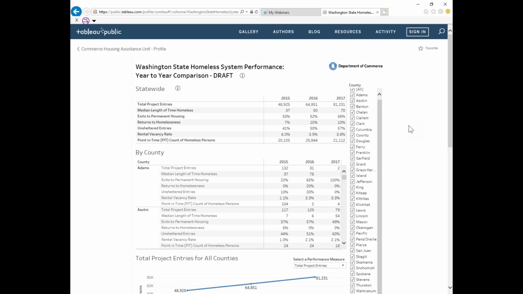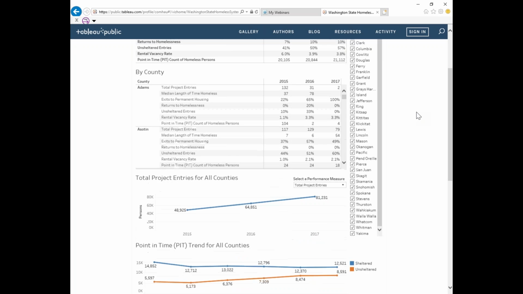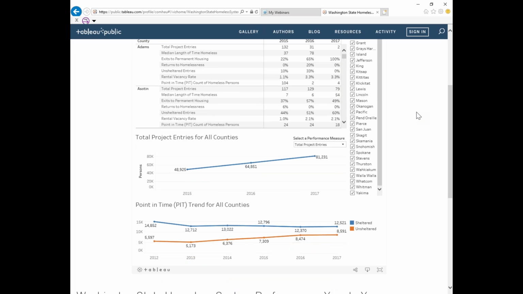So this was available last year, and it looked kind of similar until you scroll down here where our Tableau mastermind Jamie has added some line charts, and you can select through the different measures to look at the trends over time.